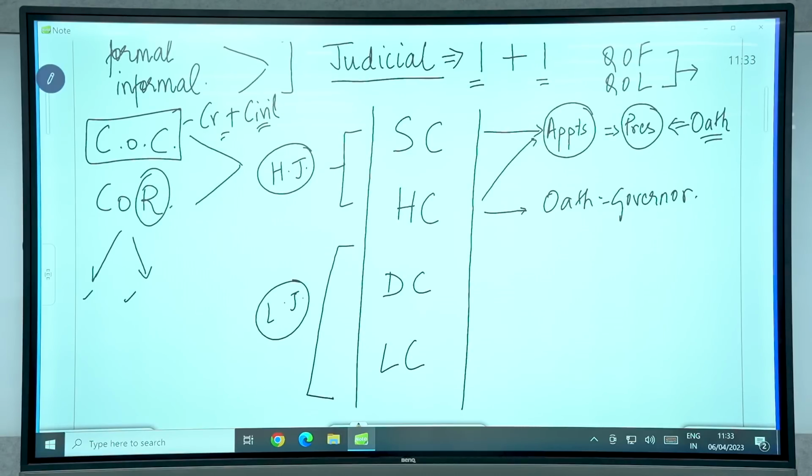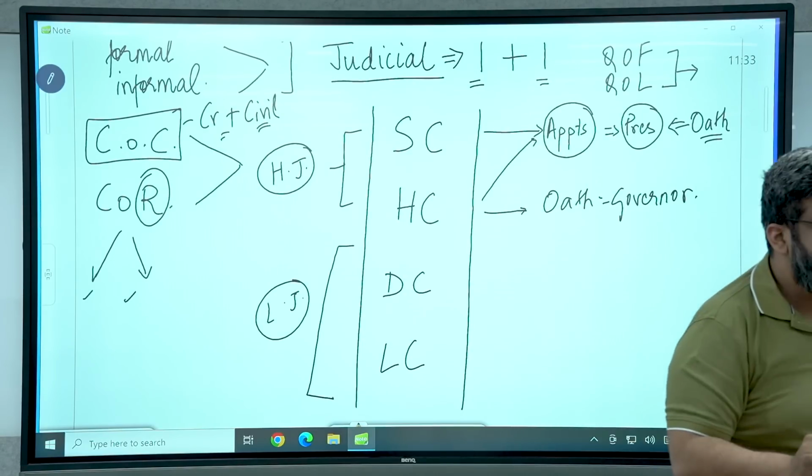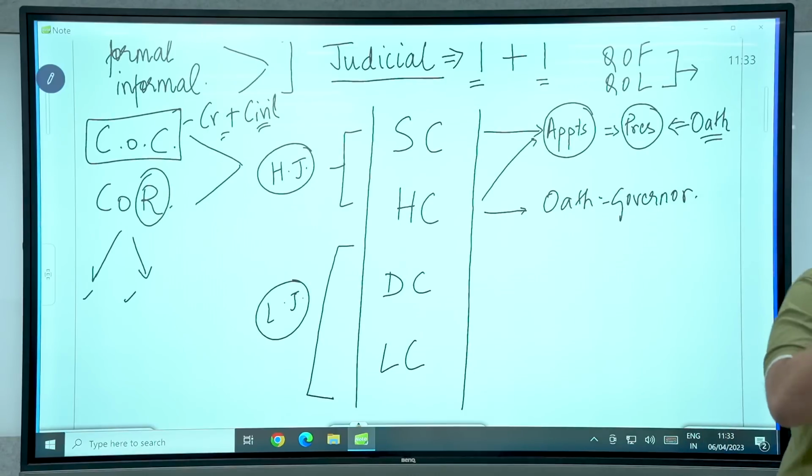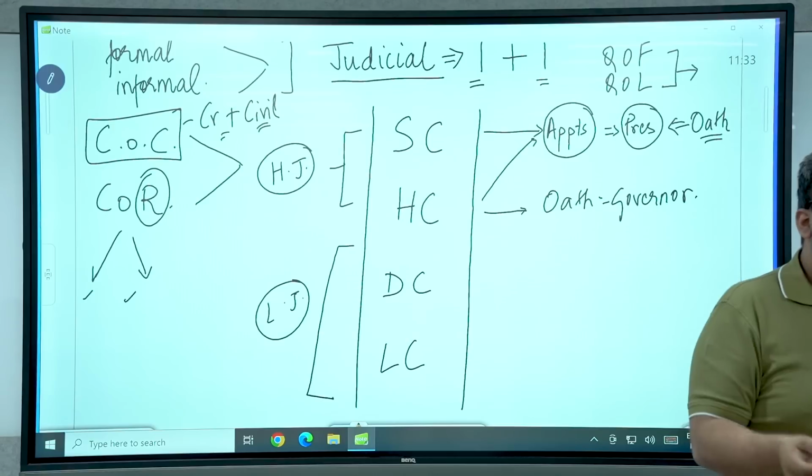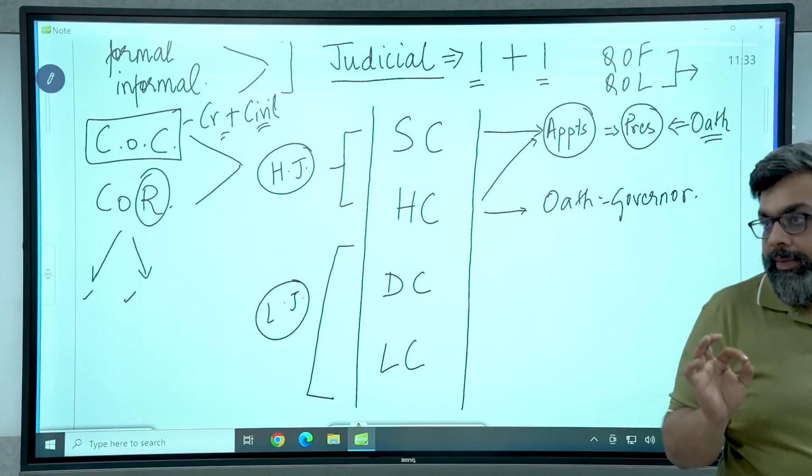And removal of Supreme Court and High Court judges is done by the Parliament. Now, here is the important part. The removal order may be signed by the President, but the action of removal, the process of removal, is by the Parliament.